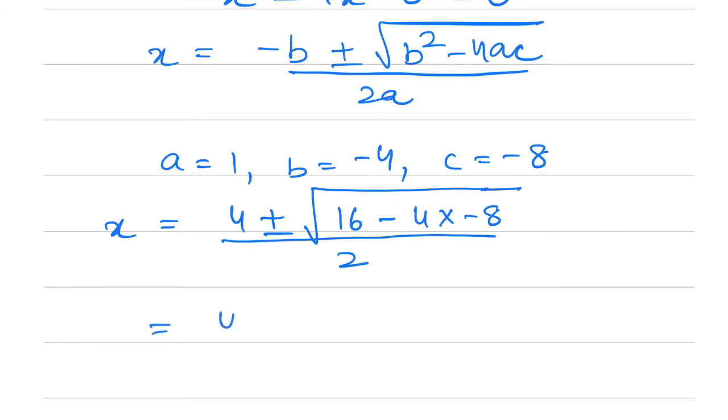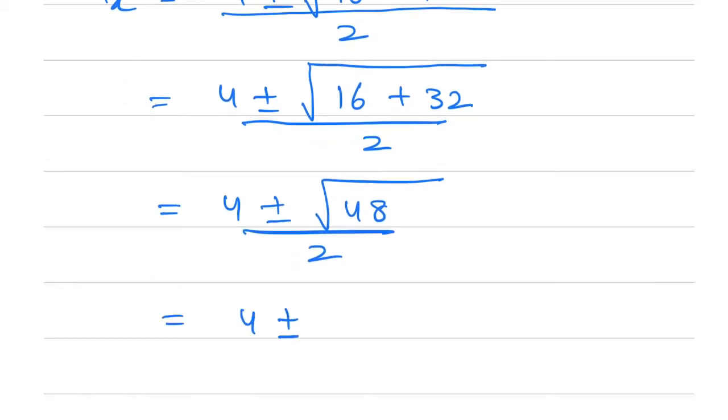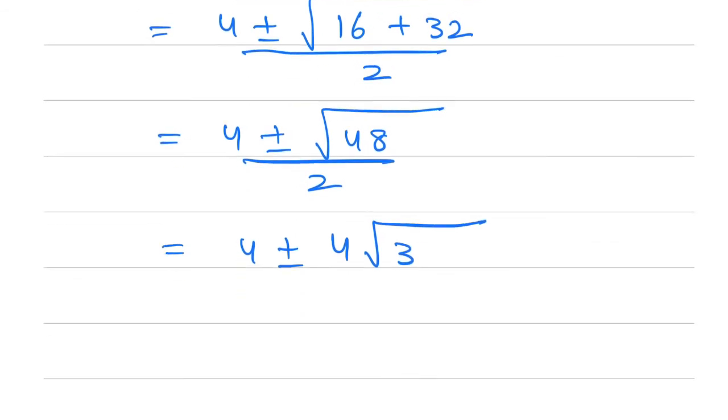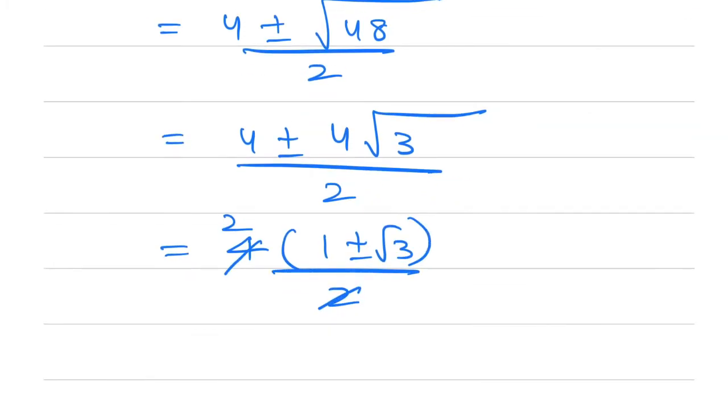So this is equal to 4 plus minus square root of 16 plus 32 by 2. So this is equal to 4 plus minus square root of 48 by 2. 4 plus minus, and this is 16 into 3, so I can take 4 out and root 3 by 2. Now we have 4 common, so 1 plus minus root 3 by 2, this 2, so we get 2 into 1 plus minus root 3 is the answer.